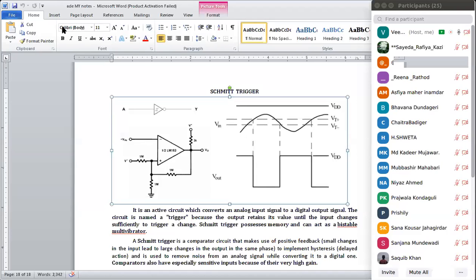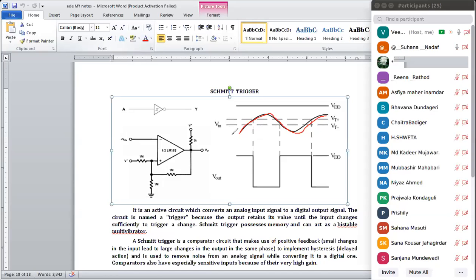You can see this is the input we have. Here a threshold voltage is going to be set. Now what is a threshold? Threshold is a minimum point that has to be reached to be operated.